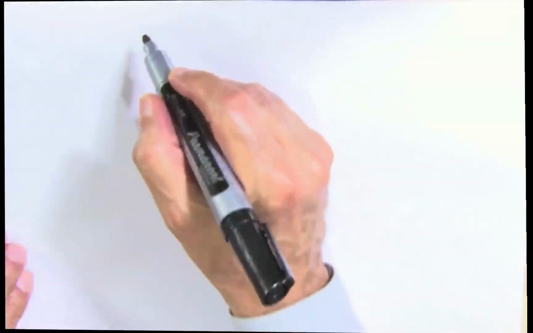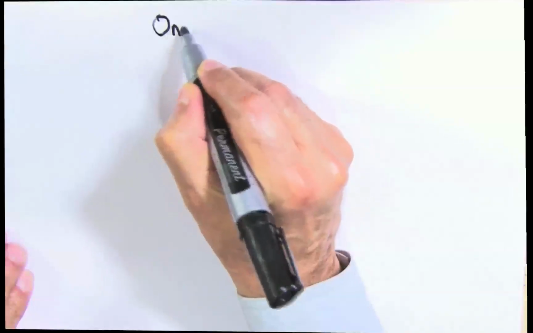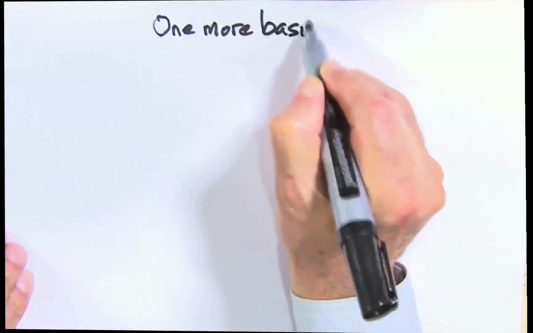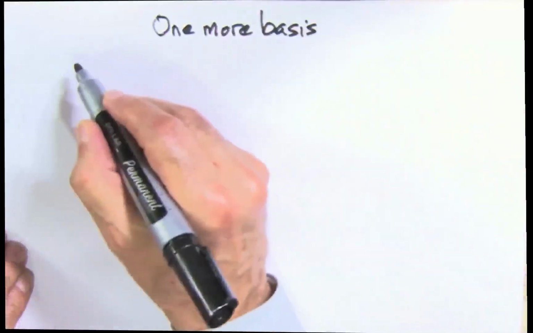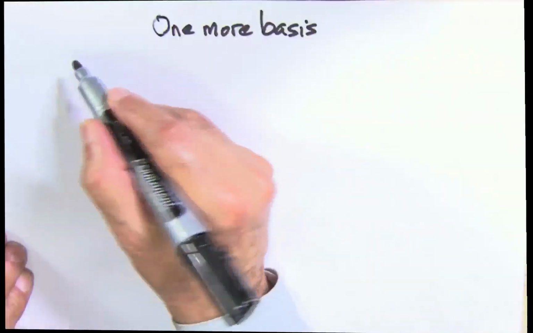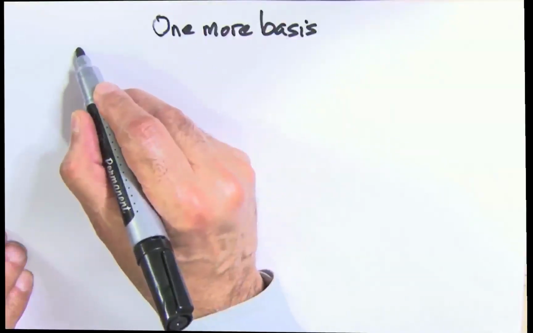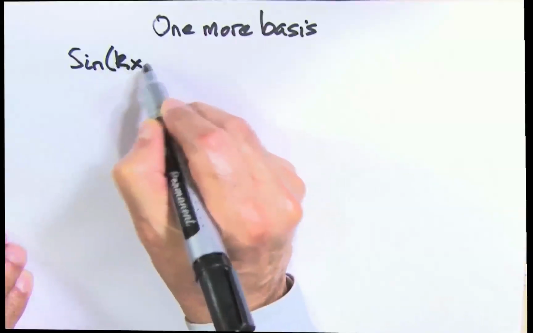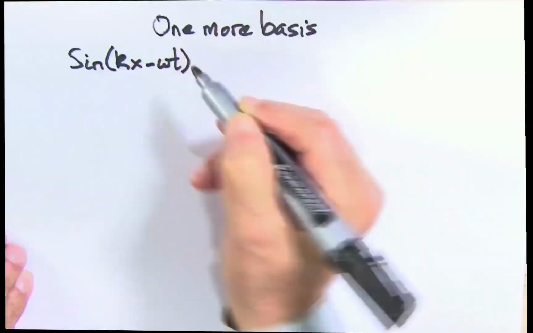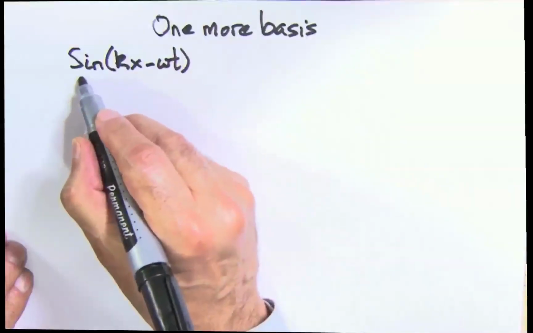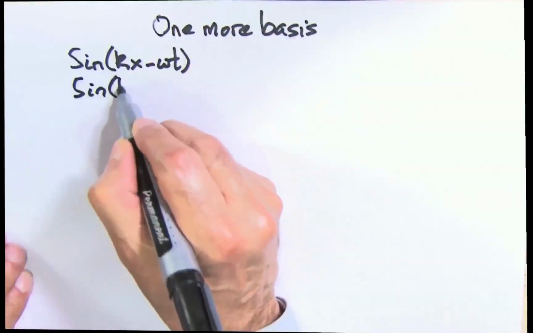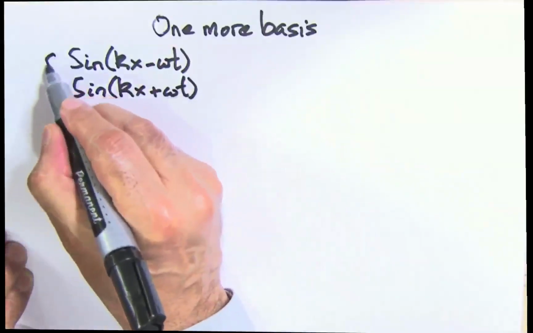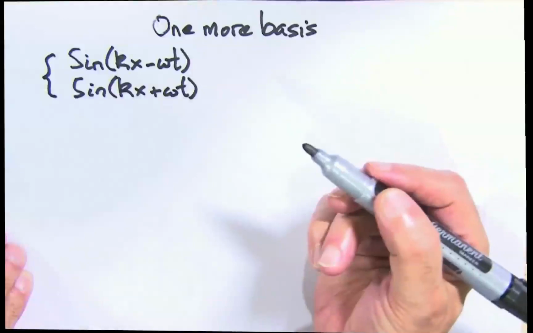Before we end, I'm going to give you one more basis set of functions. Just to remind you, for the string that we have looked at, we said that sine of kx minus omega t or sine of kx plus omega t is a good basis set.